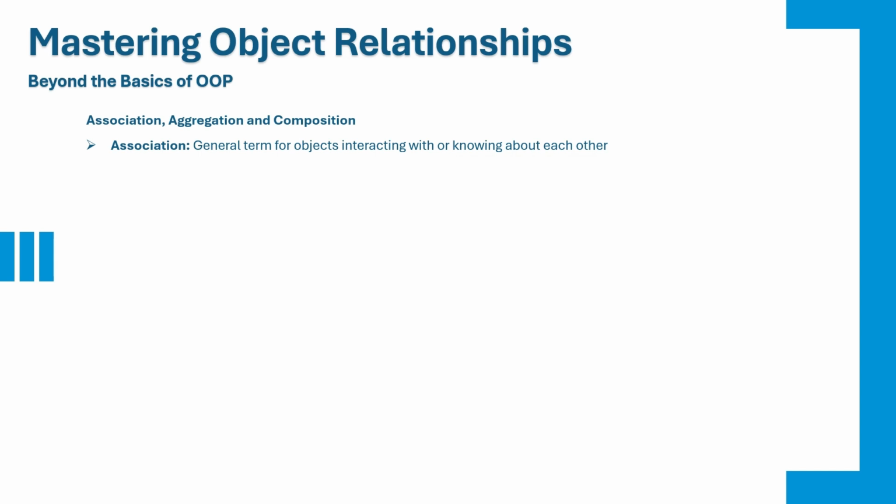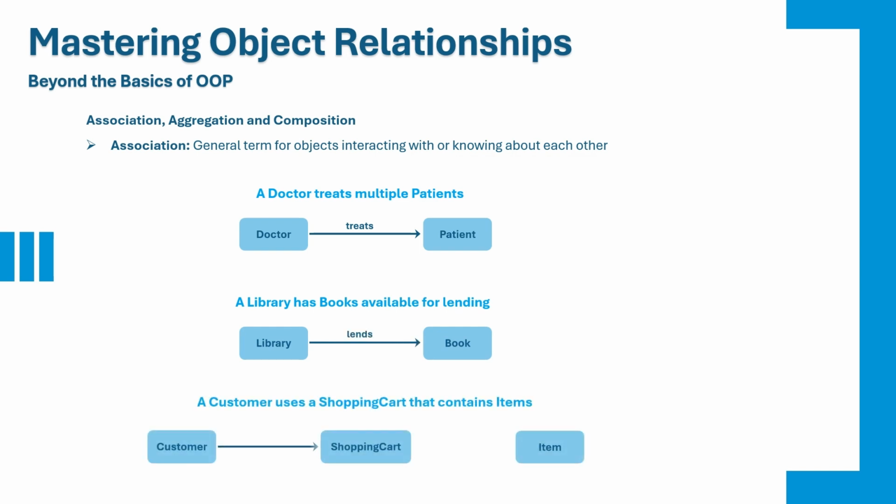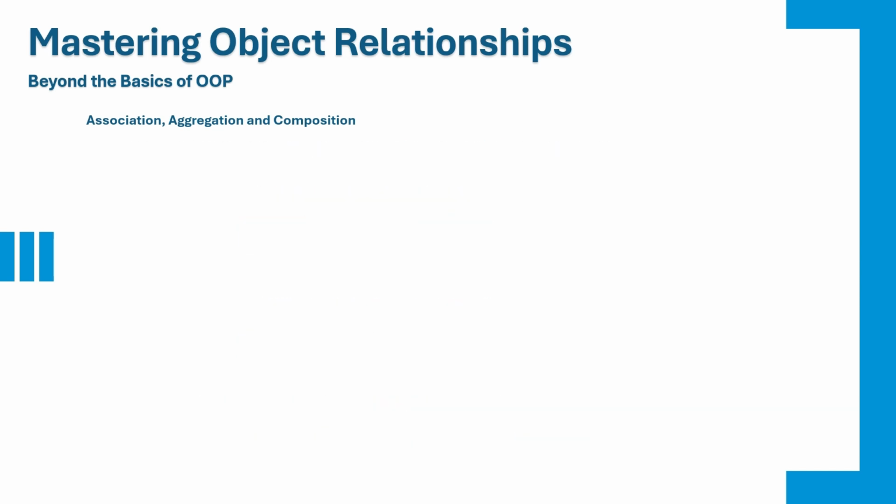For example, a doctor treats multiple patients, or a library has books available for lending, or a customer uses a shopping cart that contains items. But we can dig deeper into two specialized types of associations: aggregation and composition, which describe how objects relate in a more specific way. First, let's look at aggregation.